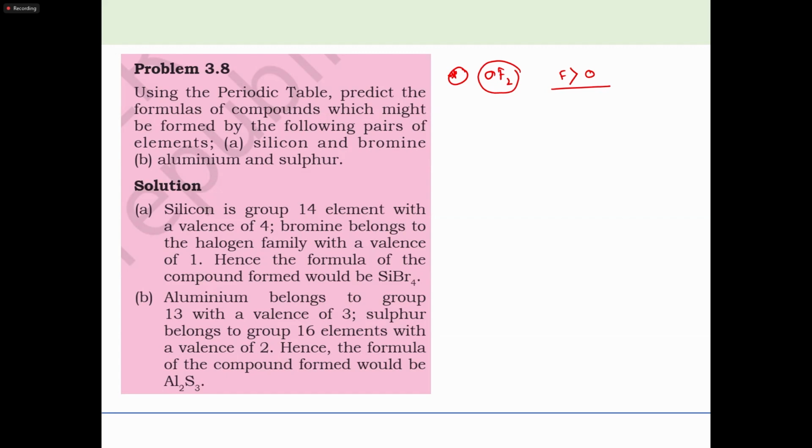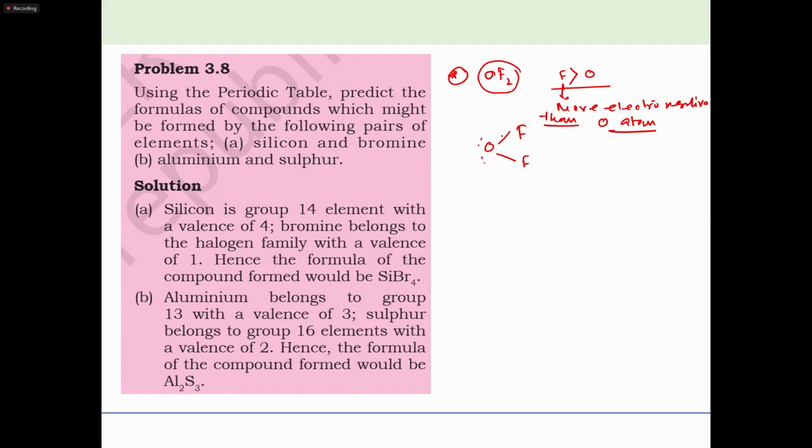So here, if you see this compound OF2, fluorine is more electronegative than oxygen. So suppose there is oxygen, fluorine, and fluorine. This is the chemical structure of OF2.